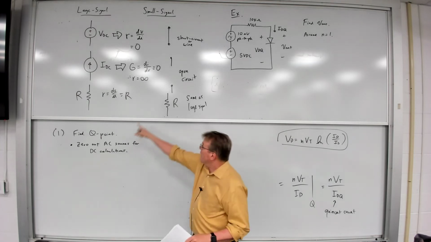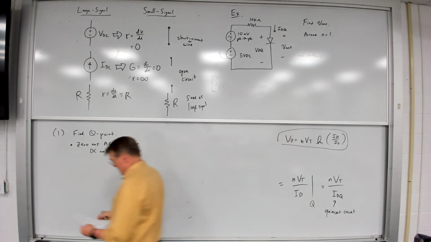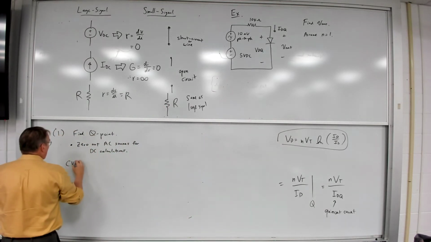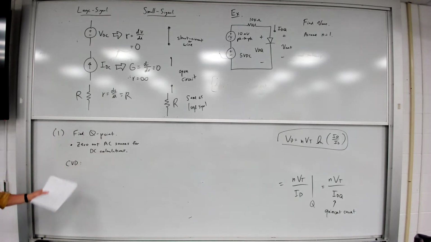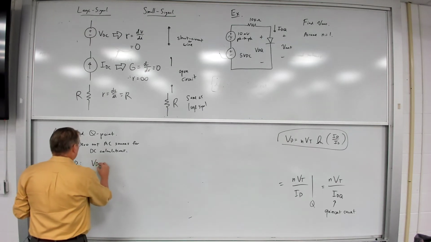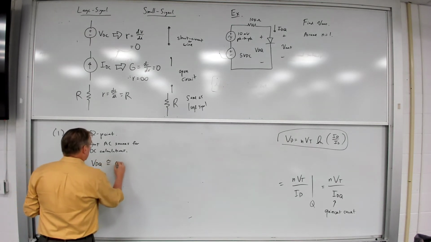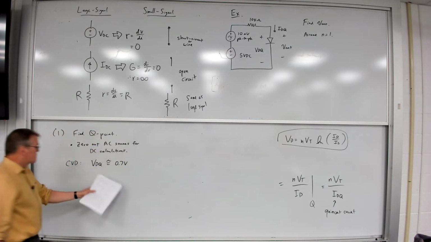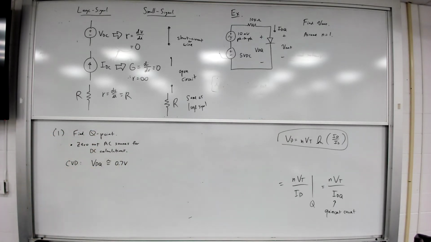Then we calculate our voltages and currents, and I'm going to apply the constant voltage drop model for that diode. I'm going to assume that VDQ is 0.7 volts. Constant voltage drop makes things easy.